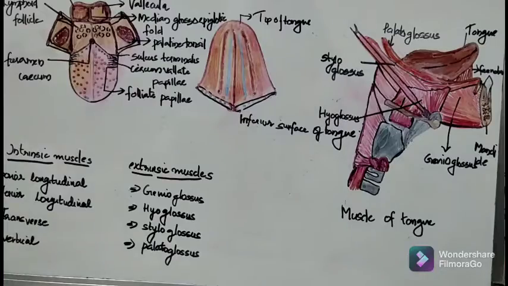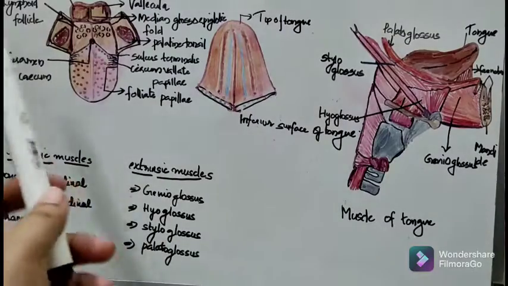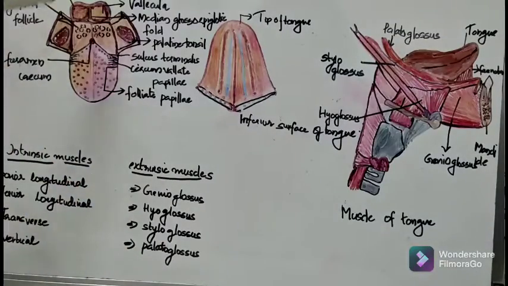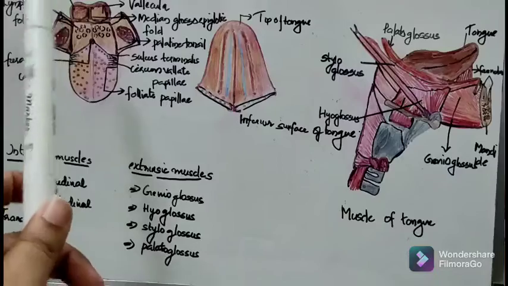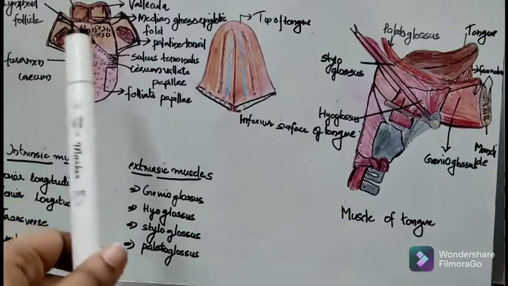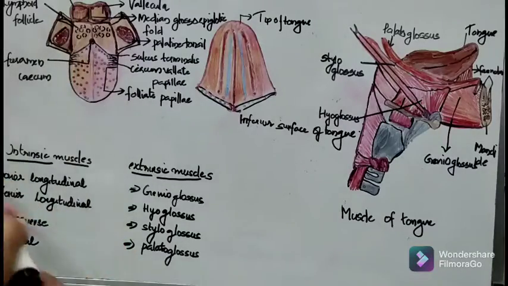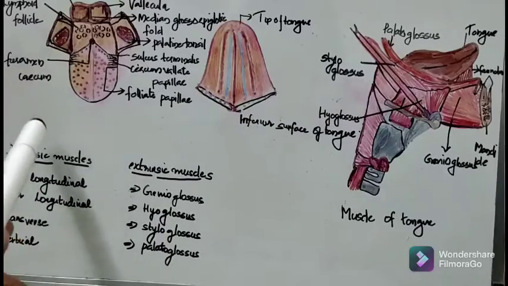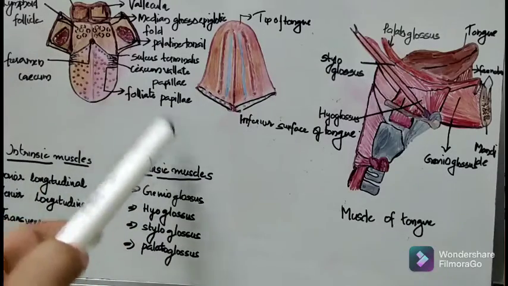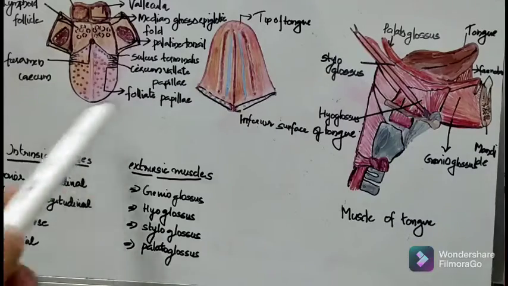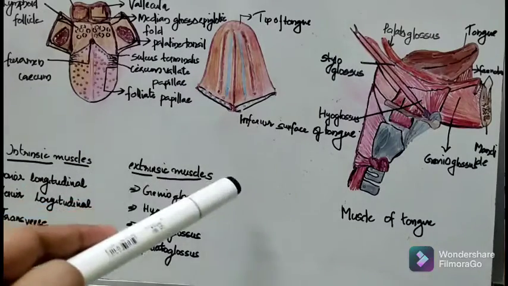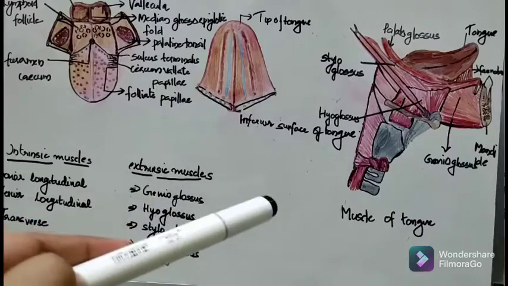So today we discussed the anatomy of the tongue. Today's topic of discussion was the papillae as well as the muscles of the tongue. The papillae are of 4 types: the circumvallate, filiform, foliate, and fungiform papillae. The muscles of the tongue are of 2 sets, the intrinsic muscles, which alter the shape of the tongue, and the extrinsic muscles, which are involved in the movement of the tongue.